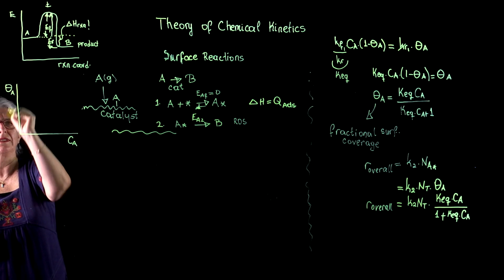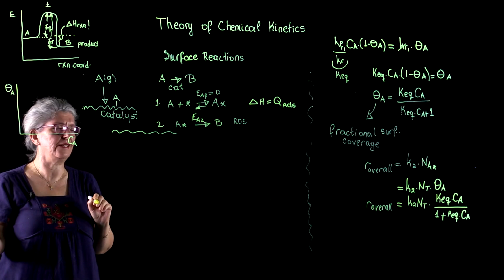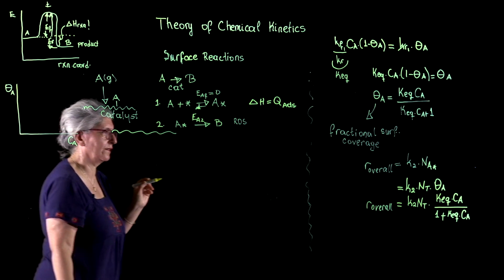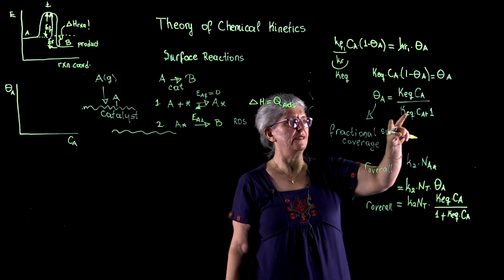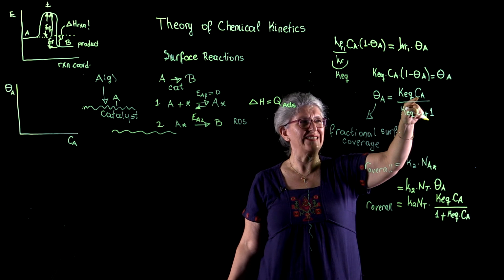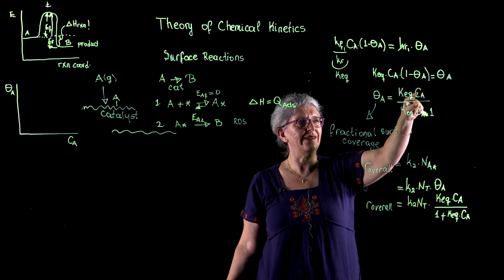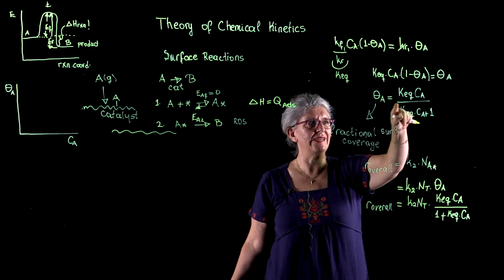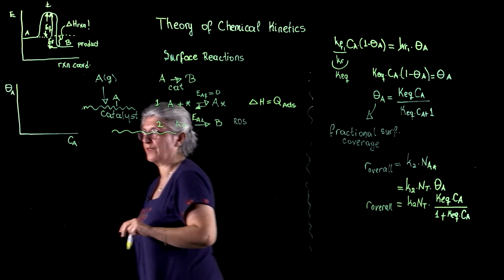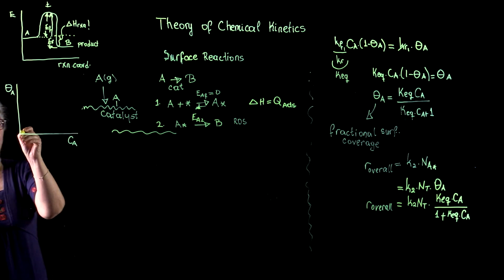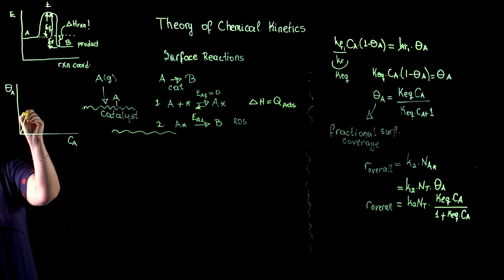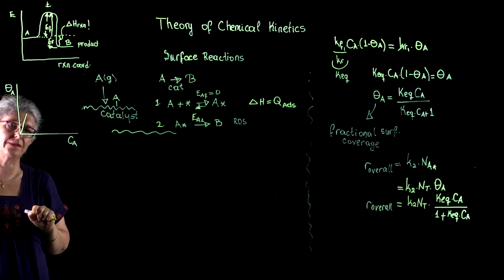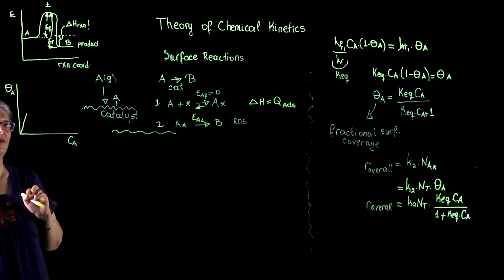The adsorption isotherm, when we plot theta A as a function of C_A, has two critical behavioral domains. One domain is when concentrations are very low. When concentrations are very low, this term is very close to zero, so theta A is a linear function of concentration. So we have a linear increase. This domain sometimes is referred to as the Henry's law domain also.